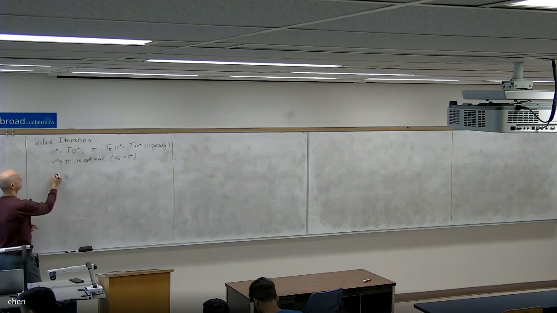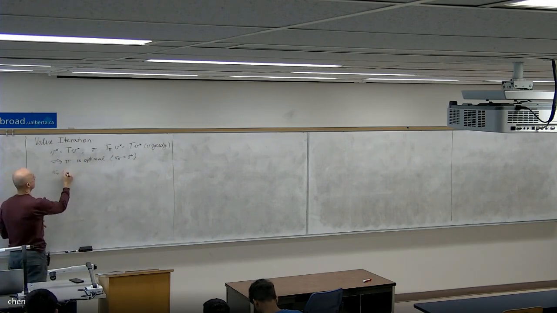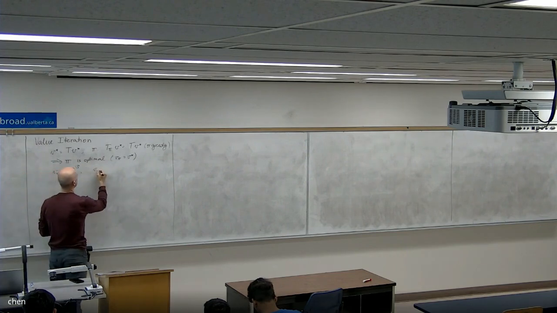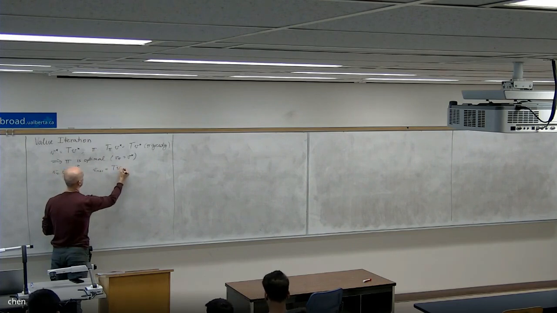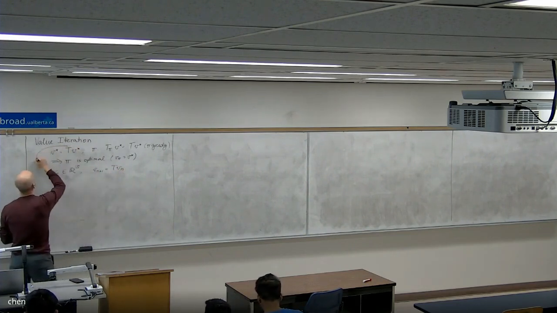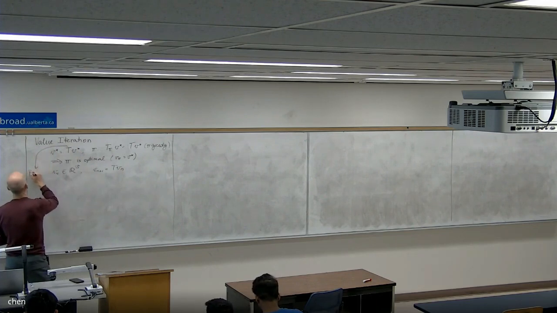So value iteration was this procedure where you start at some initial function that assigns reals to states, and then you iterate this with the Bellman optimality operator.